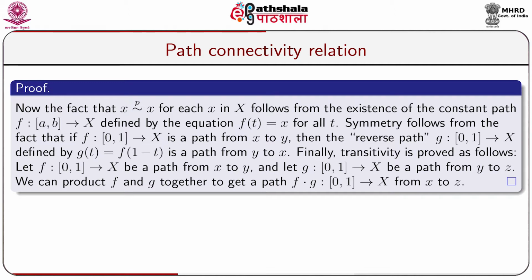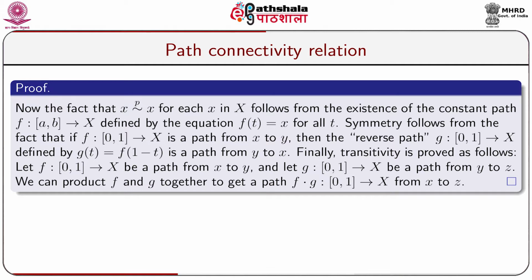First, we note that if there exists a path f from the closed interval [a, b] to X, from x to y, whose domain is the closed interval [a, b], then there is also a path g from x to y having the closed interval [c, d] as its domain. This follows from the fact that any two closed intervals in R are homeomorphic.